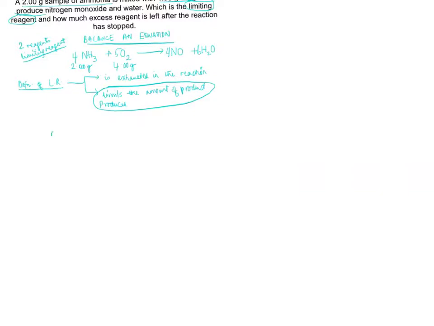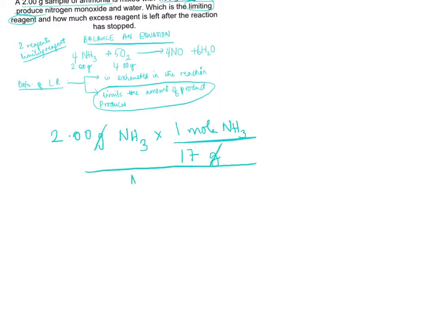So we have 2 grams of ammonia. We're going to convert the 2 grams of ammonia to moles. So 1 mole of ammonia weighs about 17 grams. Grams gets cancelled. That is to convert to moles. Next, we need to figure out how much product. You can either choose NO or you can choose H2O.